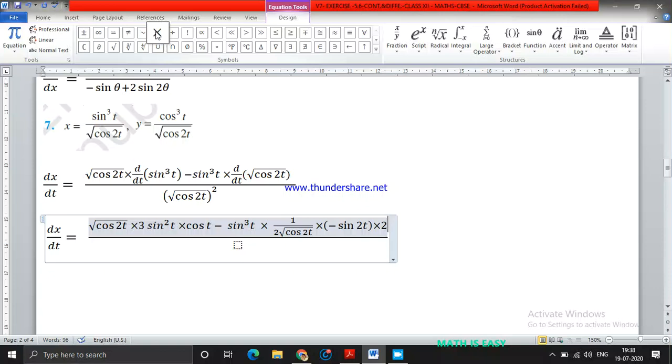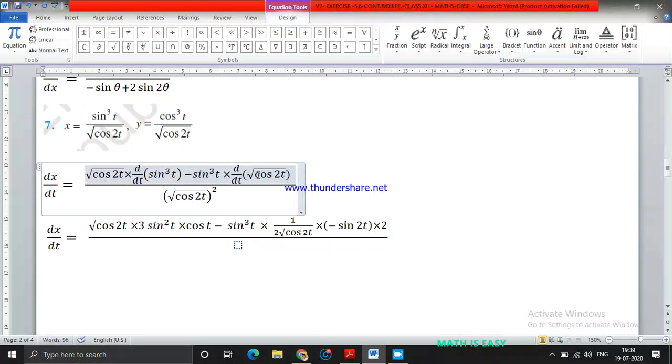Are the steps clear? Okay, derivative of root of cos 2t: derivative of root theta is 1 by 2 root theta into derivative of theta.